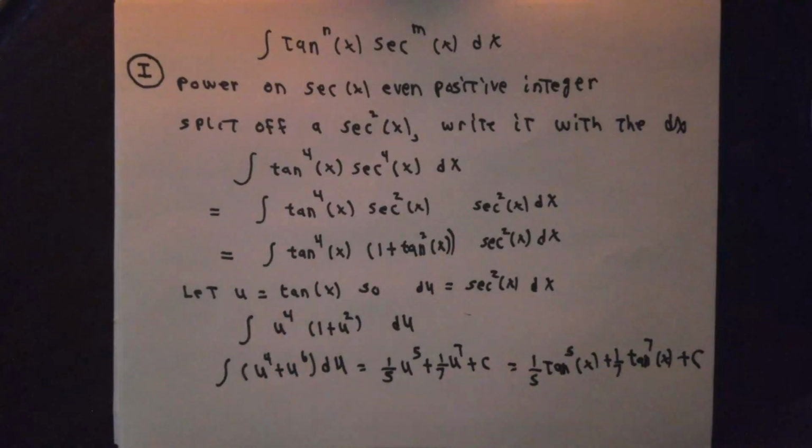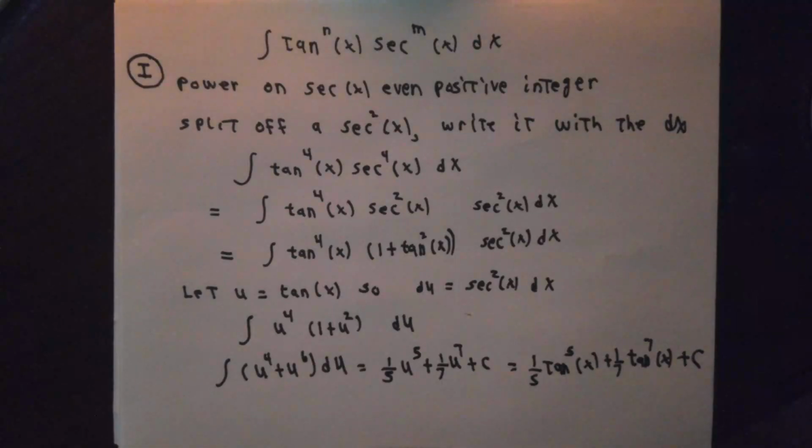If u is tangent x, du dx is secant squared x, and du is secant squared x dx, which is why I wanted to split that secant squared off in the first place. This turns the integral into this, which is easy to do. And then you recall that u is just tangent of x, and you have your result.